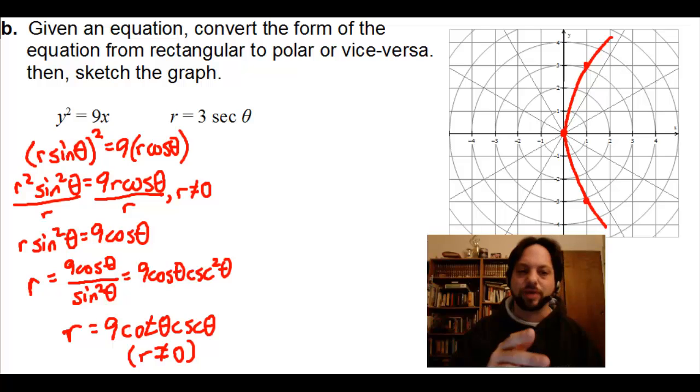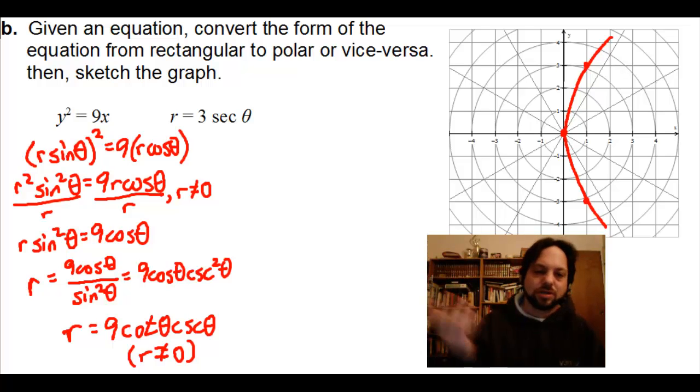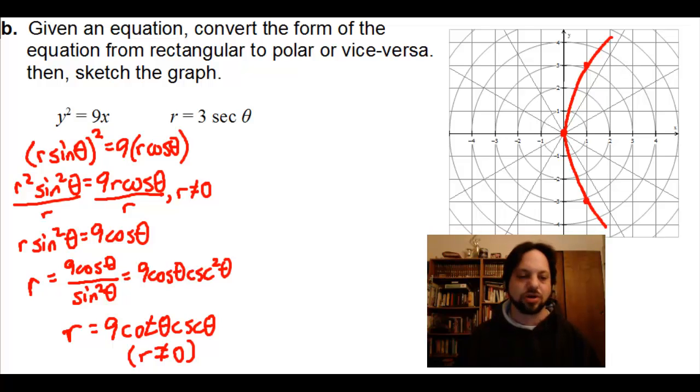If I go back to my original right here, sure, I would get 9 on top. Cosine of 0 is just 1, so I'd have 9 on top. But look, you'd have a 0 on the bottom, and then everything just goes awkward. So we'll just say that r cannot be 0. Clearly, that implies that theta cannot be 0 as well. So there we go. That was kind of interesting.